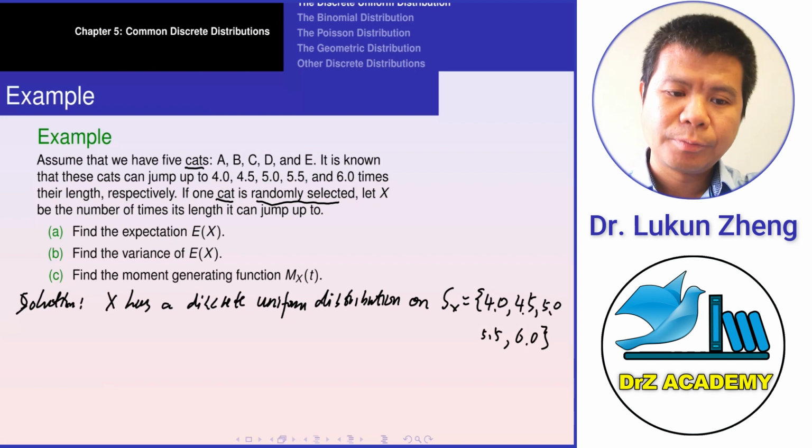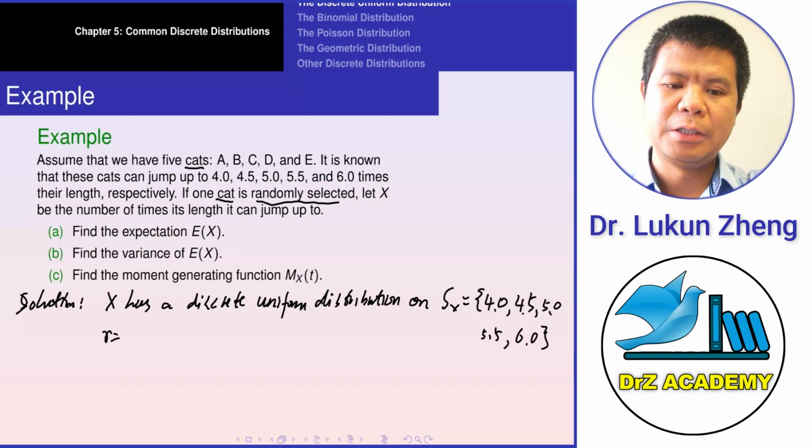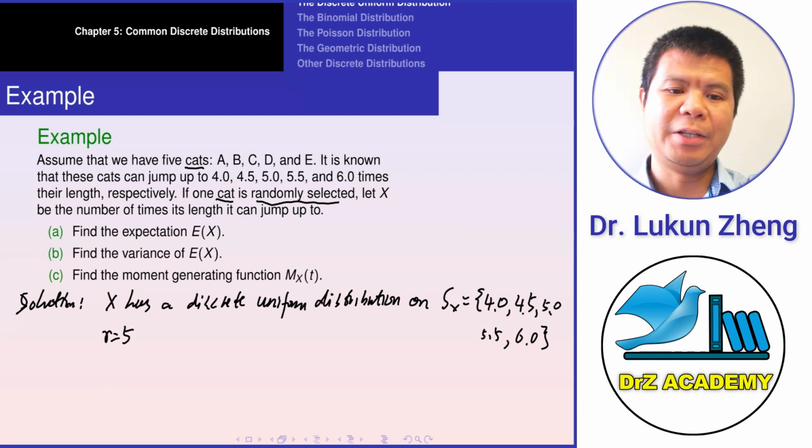This is the support, and this is my random variable. So r equals what? 5. There are 5 cats, 5 possible values.